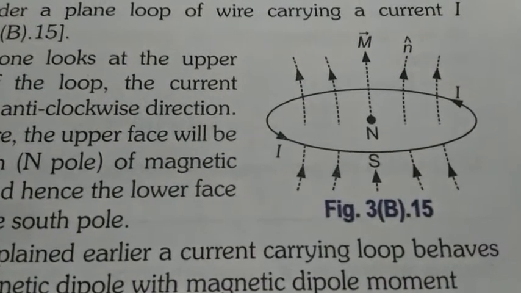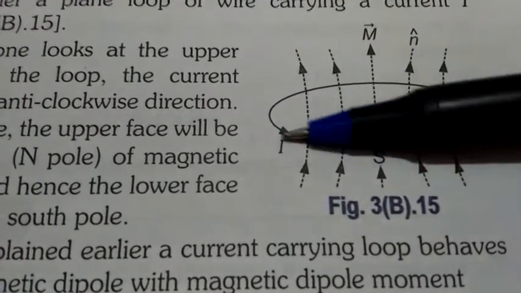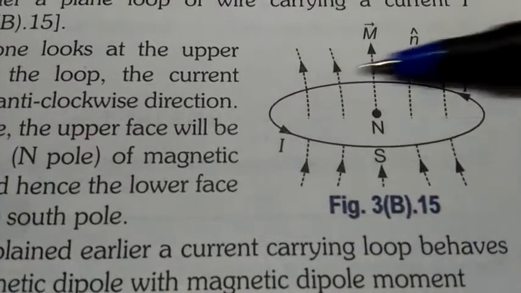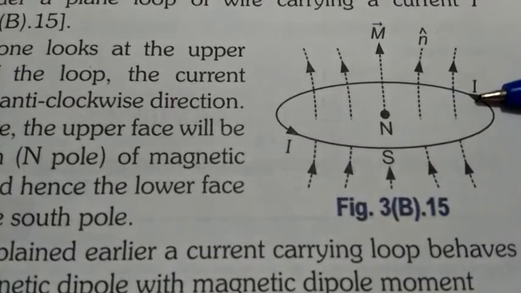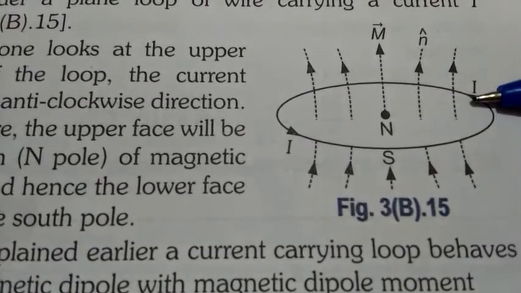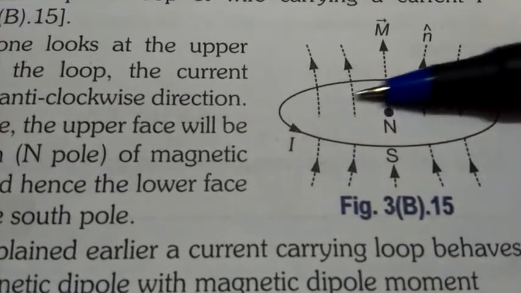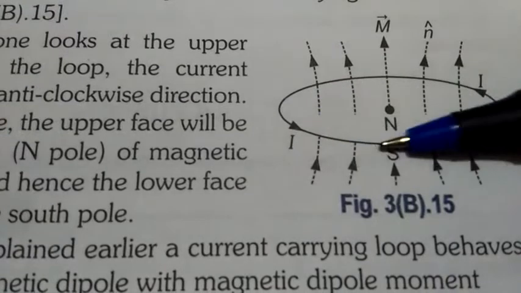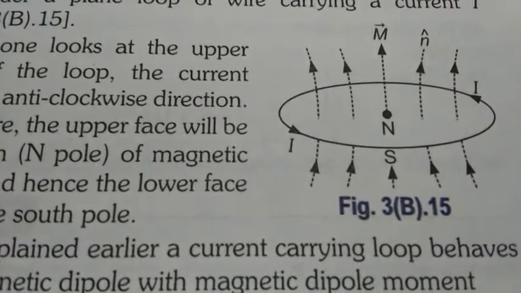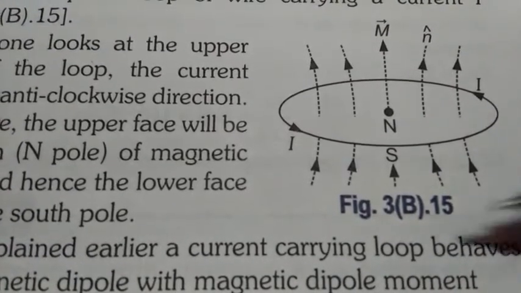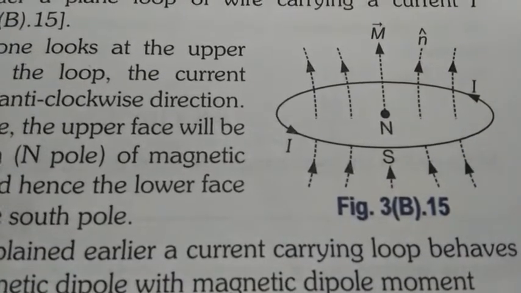Why is this so? If we see the loop from the upward direction, it is anti-clockwise, so it will become North Pole. But from downward, when we see, it behaves like the current is moving in clockwise direction, and that's why the downward part of the loop will behave like a South Pole.